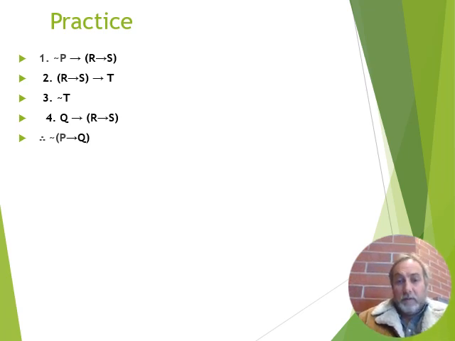Okay, so maybe you've tried it a little bit and you realize direct derivation just isn't working for you. And at first you might think, oh, I could do a conditional derivation because my conclusion is a conditional, right? No, it's not. Your conclusion is actually a negation. Even though there's a conditional in there, the main operator is negation. So if you've tried everything you can, it's starting to look like indirect derivation is your only option.